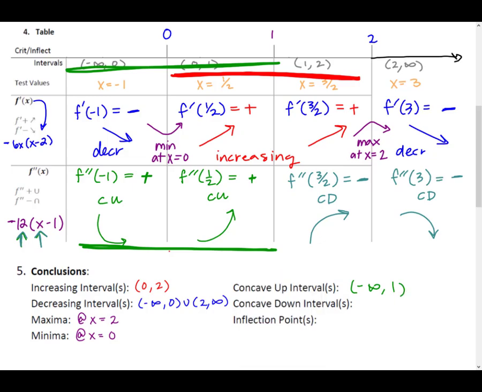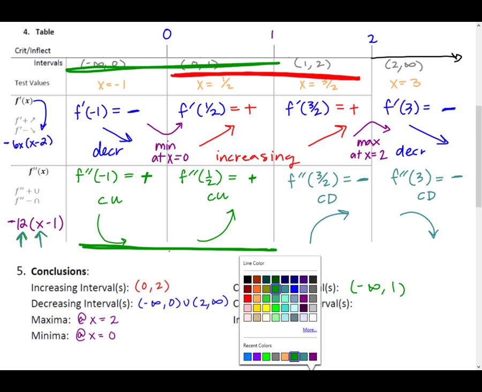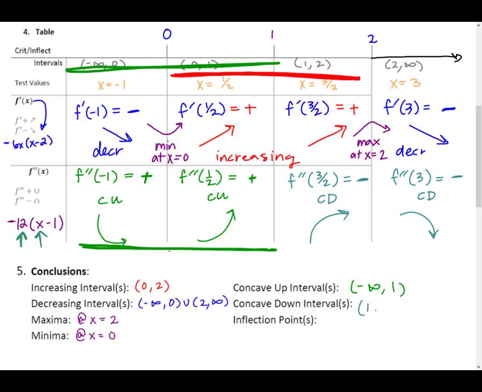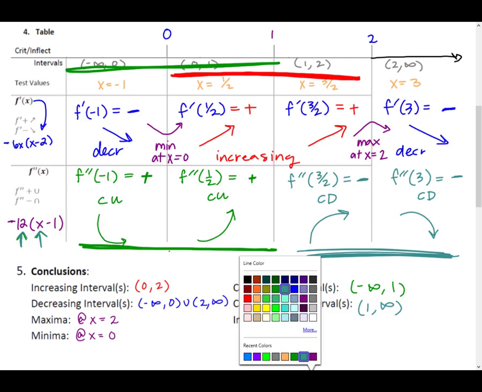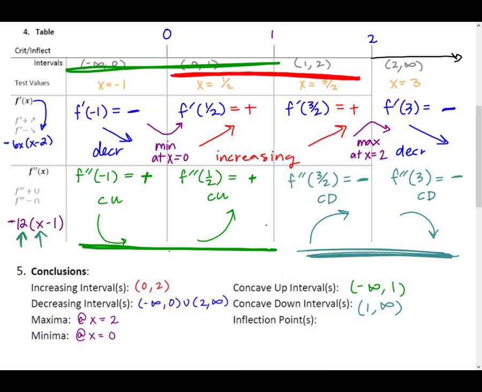And we're concave down on the other side of that, concave down from 1 to positive infinity. So all over here was concave down. And where the concavity changed, right in between those two, here is where we had our inflection value. Our inflection value was at x equals 1. All right?